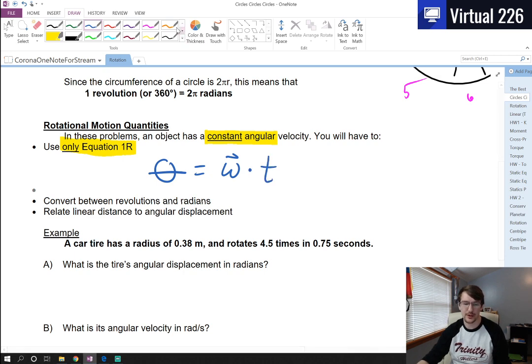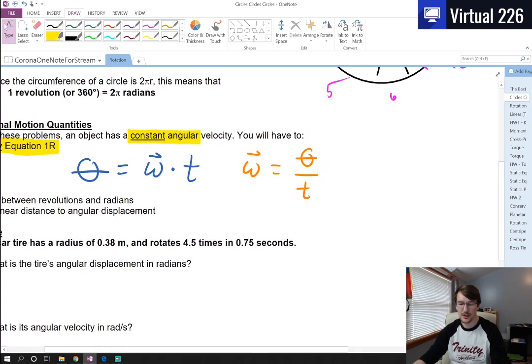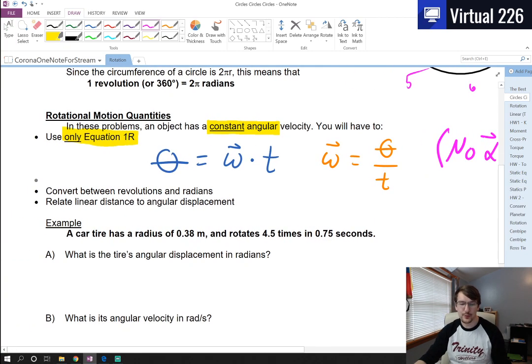Or a few other ways to write this could be that an angular velocity is equal to an angular displacement divided by time. Notice that in both of these equations here, there is no angular acceleration, okay? And if we have a constant angular velocity, then we don't have an acceleration. We are at a constant rate.